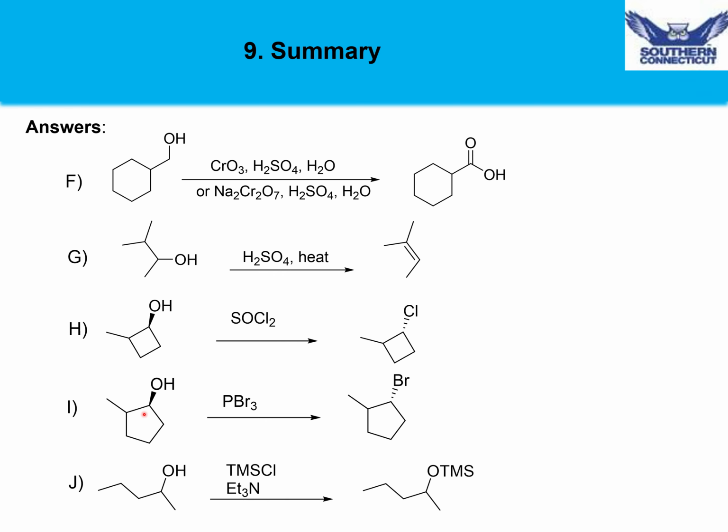In the fourth reaction, a similar alcohol with the stereochemistry facing up, reacting with PBr3, will be converted into a bromide with the stereochemistry facing down. And then lastly, a secondary alcohol and TMS chloride with base will protect the alcohol as a silyl-protected alcohol in the form of TMS as shown here.